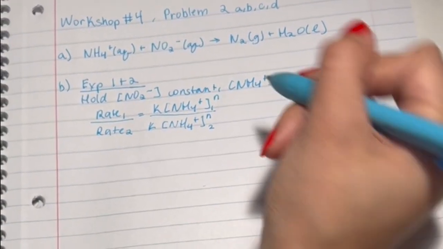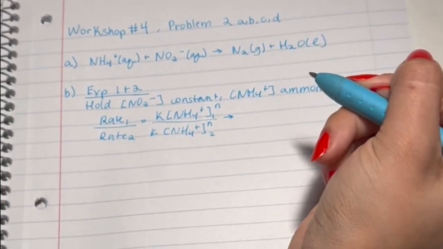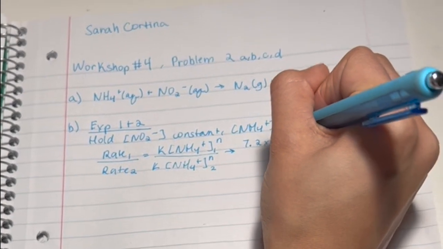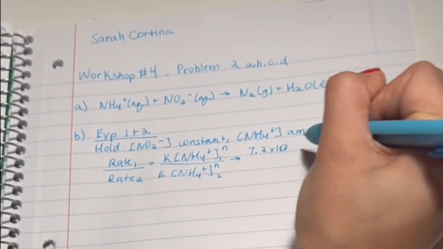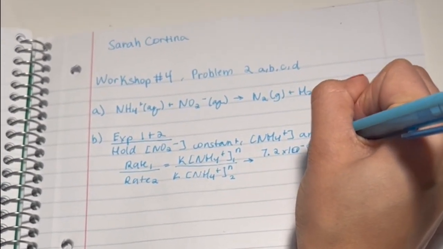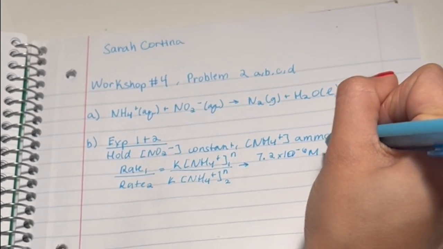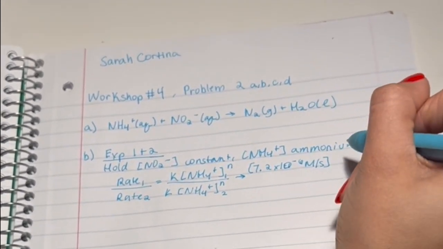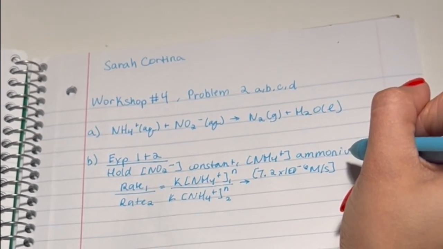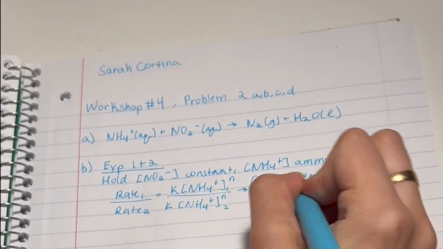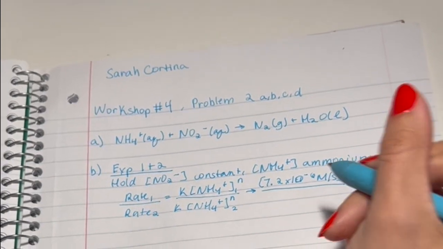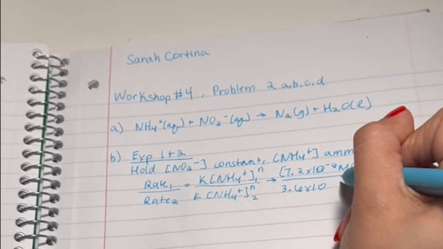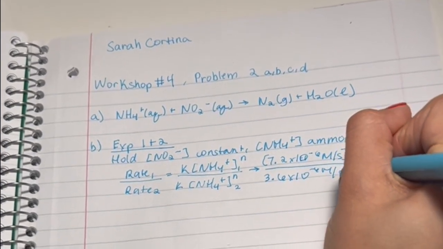So the rate for experiment 1 is 7.2 times 10 to the negative 6 moles per second, or molarity per second, and rate number 2 is 3.6 times 10 to the negative 6.